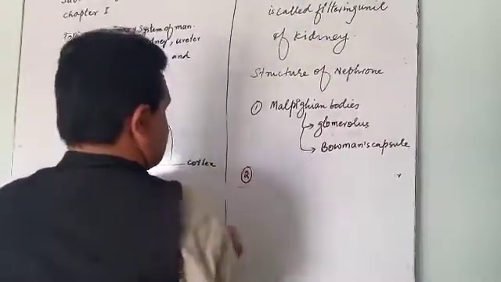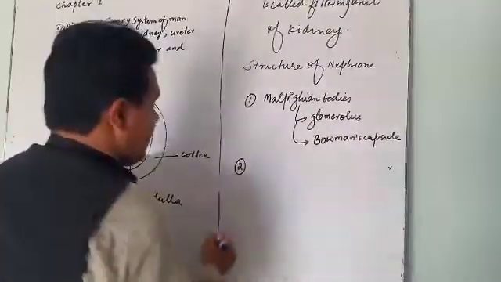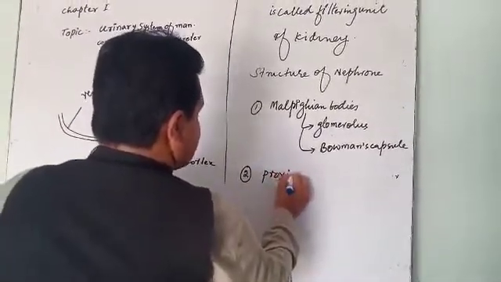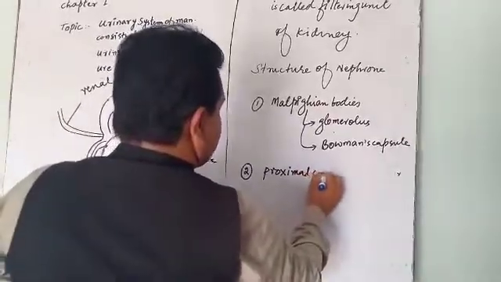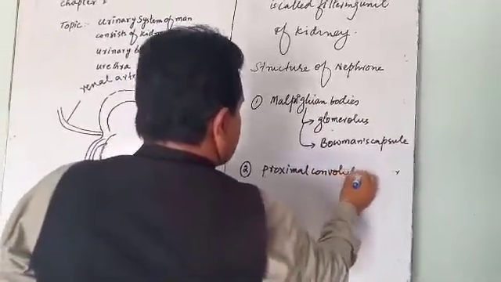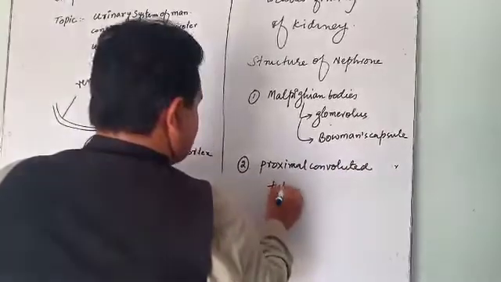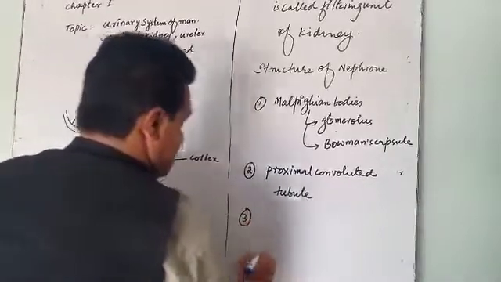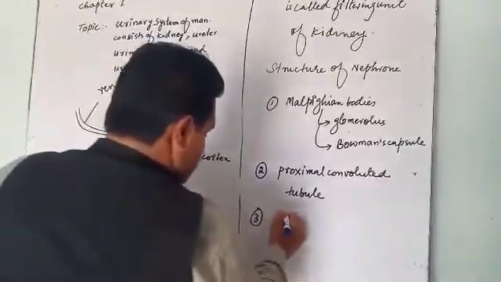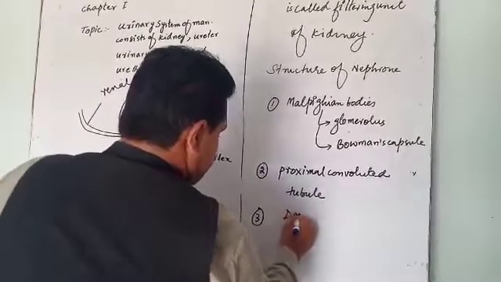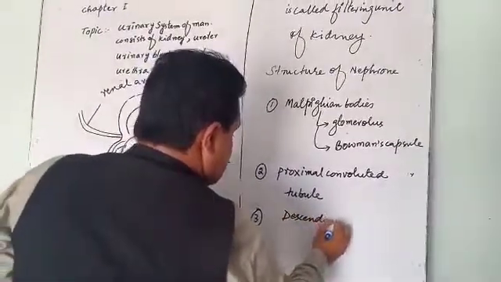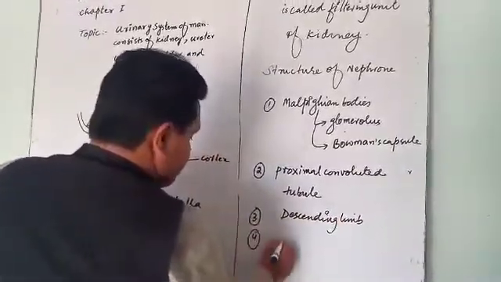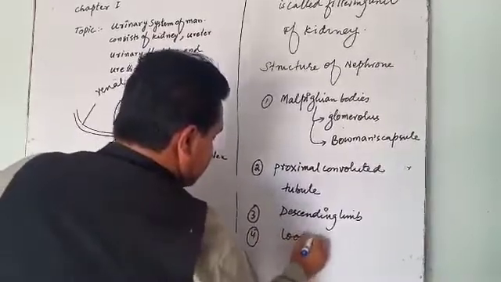Number 2 structure of nephron is proximal convoluted tubule. Number 3 is descending limb. Number 4 is loop of Henle.